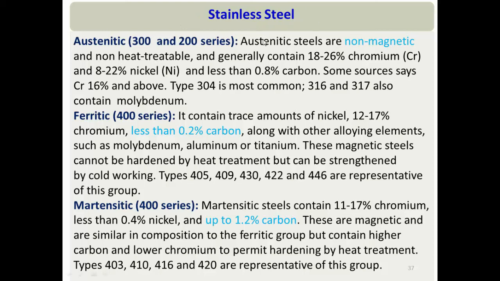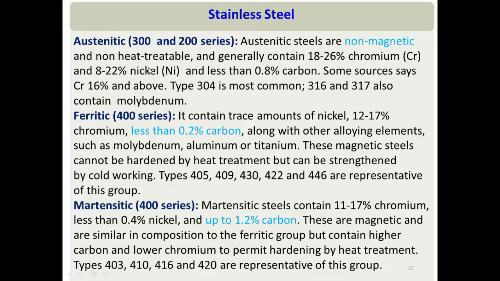That type of austenitic stainless steel, which has the austenite stabilizer nickel, is 300 series austenitic stainless steel. Like you have heard, SS304 and SS316 are austenitic stainless steels having nickel as the austenite stabilizer.